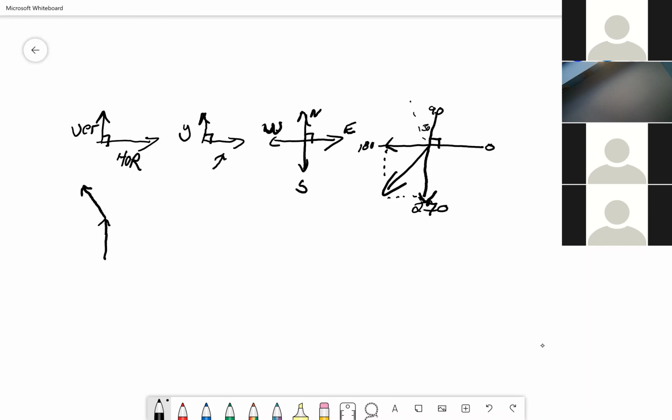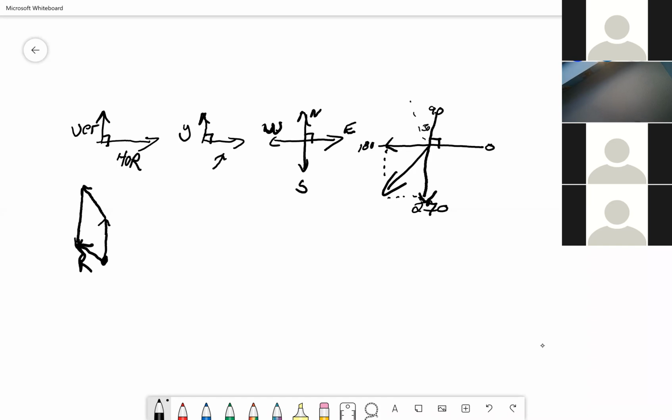And then at 270, you have 100 newtons, straight down. And your resultant starts at the bottom there, goes to that one there, and that's your resultant.